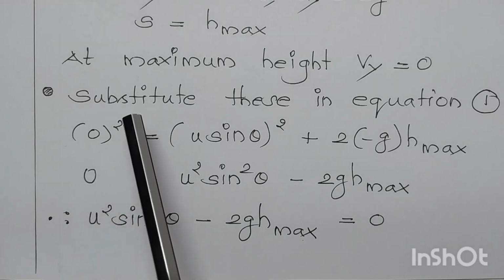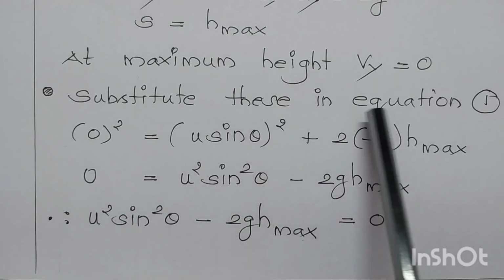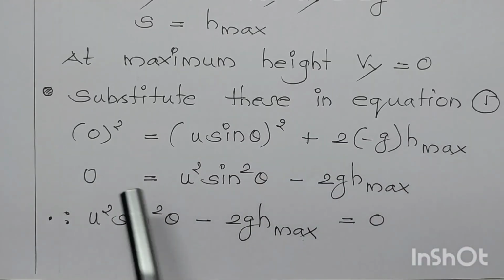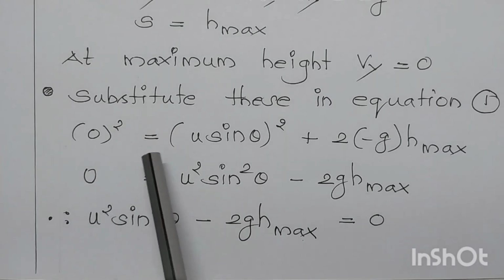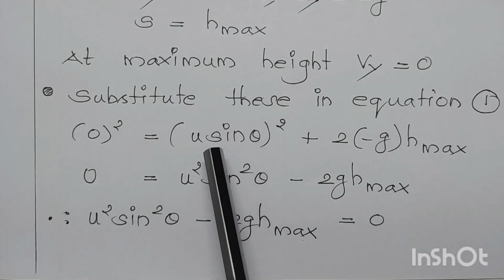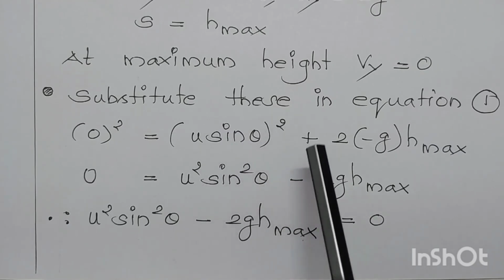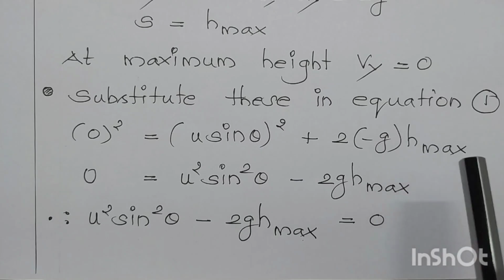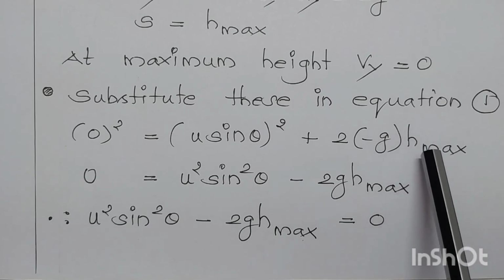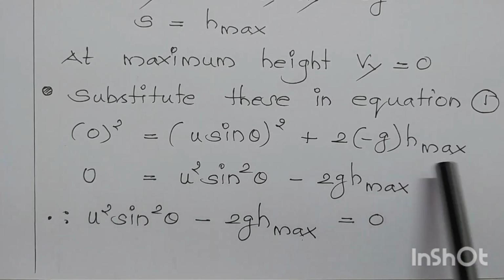Now, let us substitute all these in equation 1. So v y is 0, so 0 squared is equal to, in the place of u y, let us write u sin theta squared, plus 2 into, in the place of a y, let us write minus g, into, in the place of s, let us write h max. So this equation becomes like this.